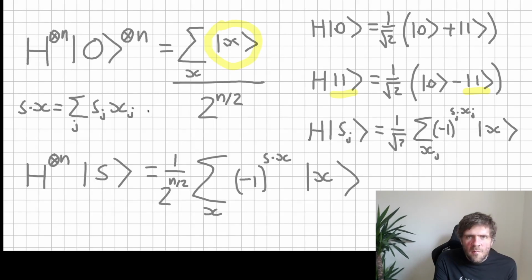And you can also put a mod 2 in there, although the -1 is going to enforce the mod 2. The fact that you're raising this as a power to a -1 means that the mod 2 is taken into account already. But basically, that's what happens when you Hadamard a general bit string.